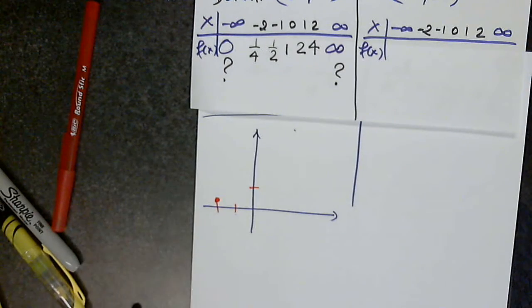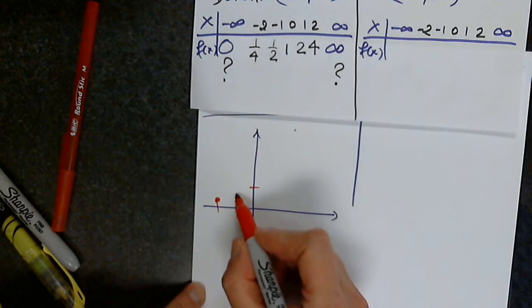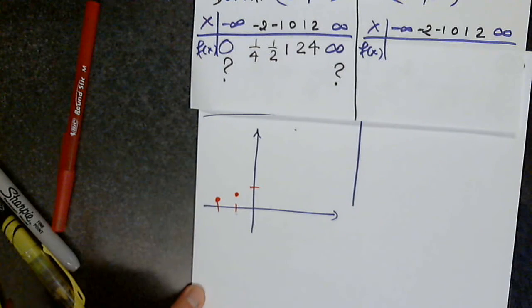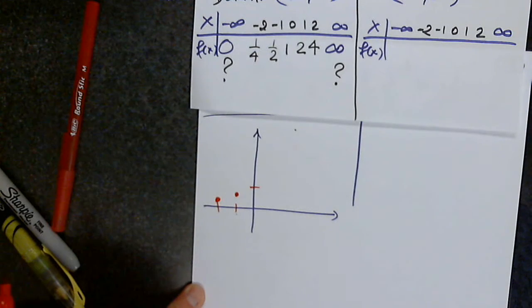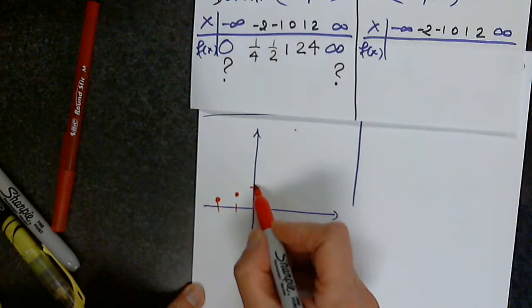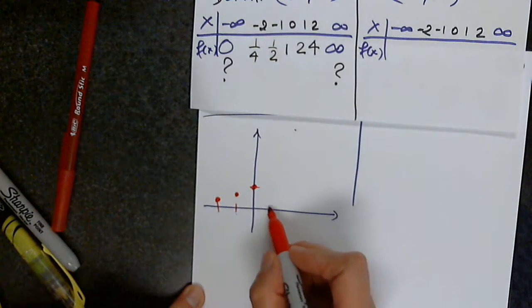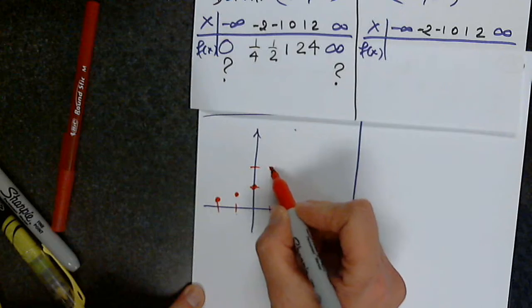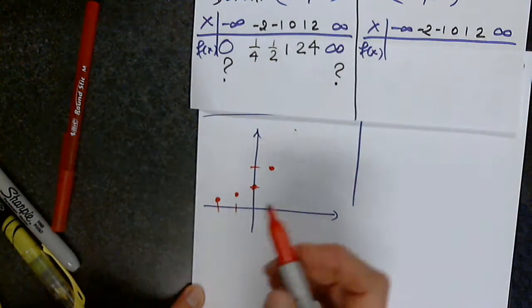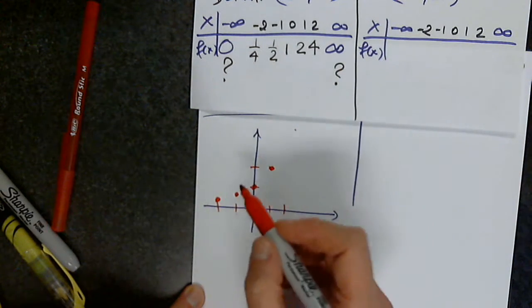Second ordered pair, please. -1. Good. Third ordered pair, please. 0. Excellent. Next ordered pair. 1, 2. Next ordered pair. 2. Good. Here it is.